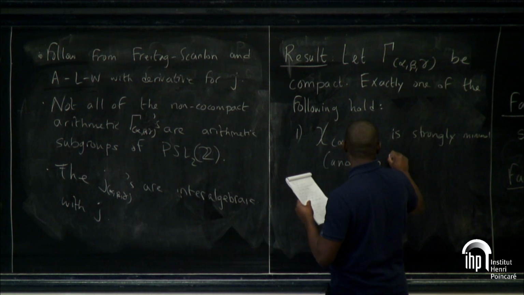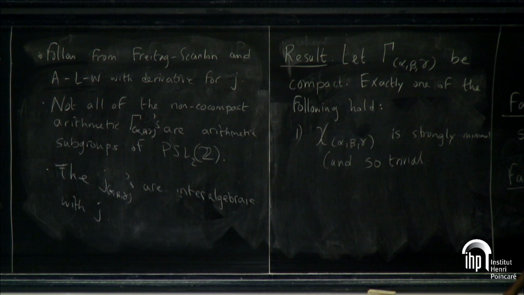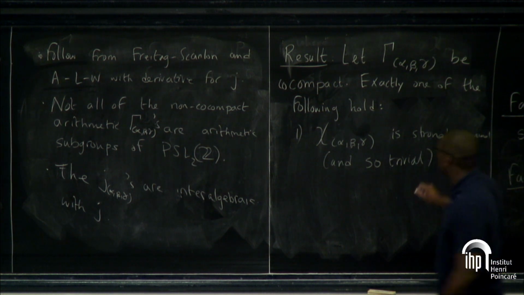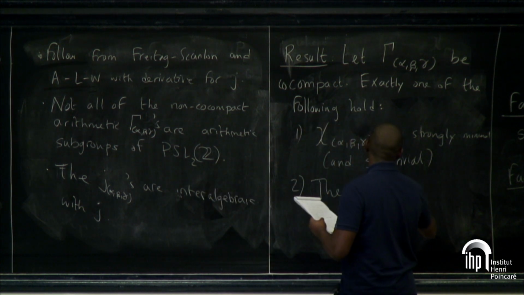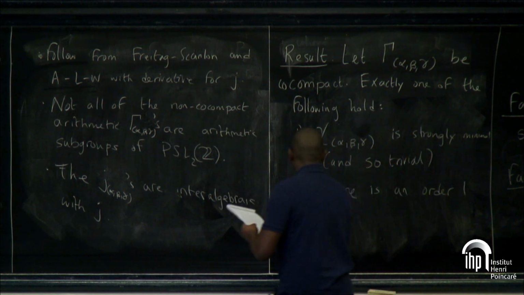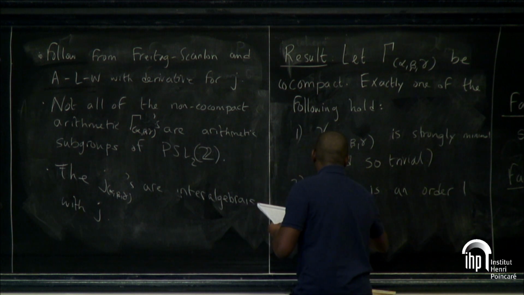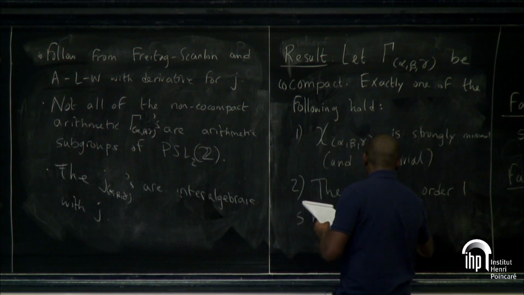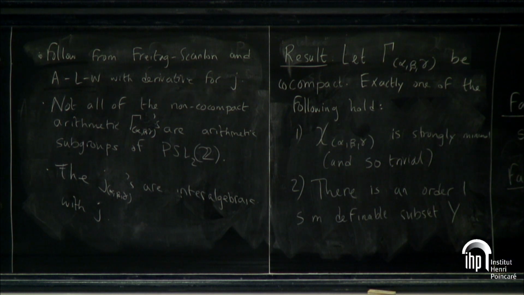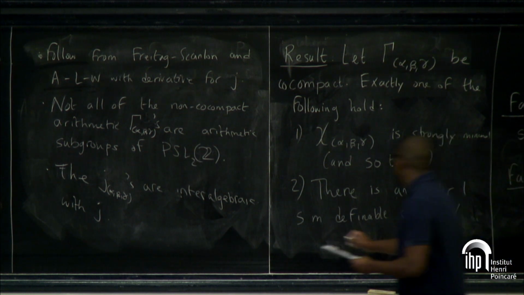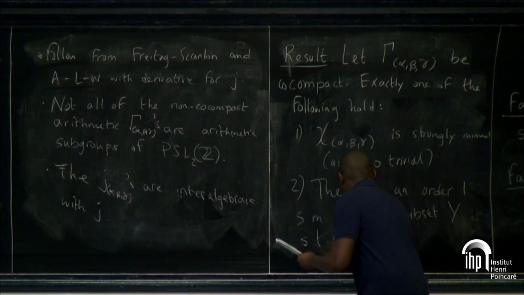Either it is co-compact, or there you have an order one, strongly minimal, definable subset Y of our definable set X, which is non-orthogonal to the constants.